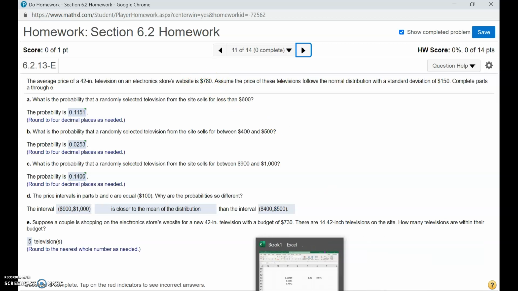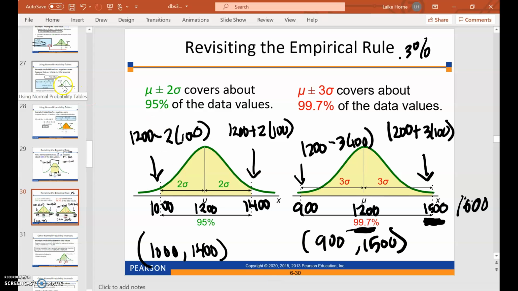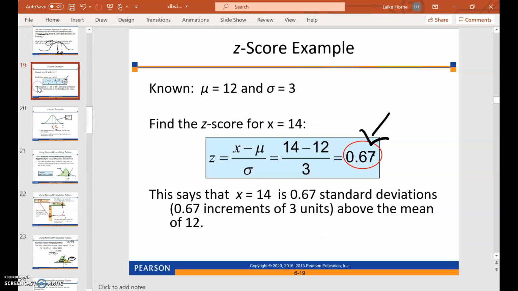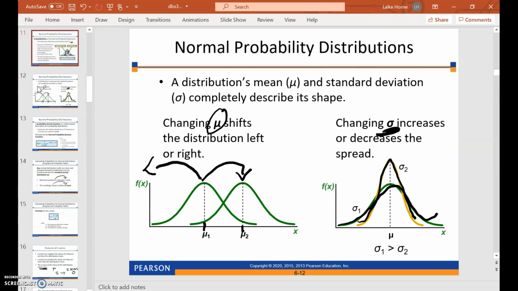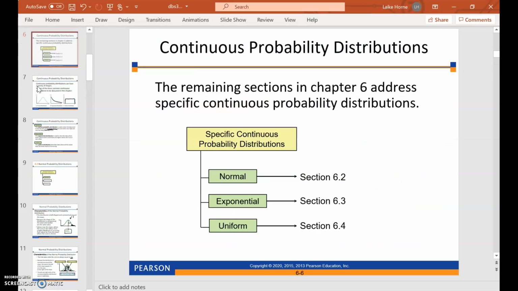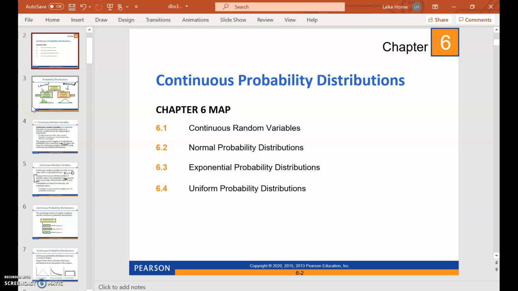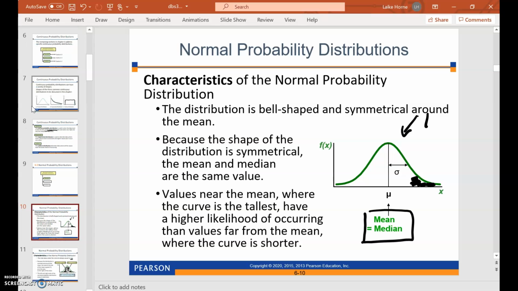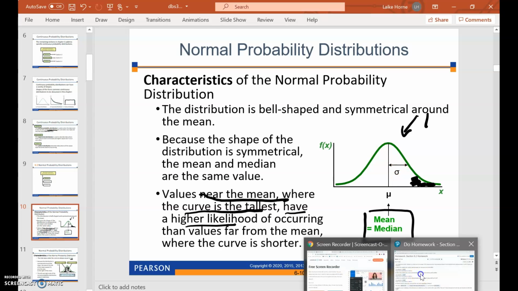I mentioned this in a previous video, and I want to go back and emphasize it when I first introduced normal distributions. Values near the mean, where the curve is the tallest, have a higher likelihood of occurring, which means if it's closer to the mean, it has a higher probability of occurring.